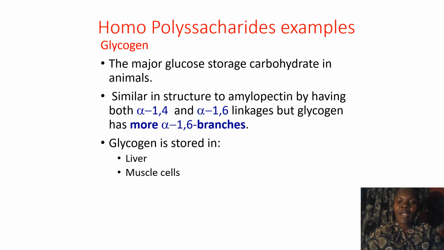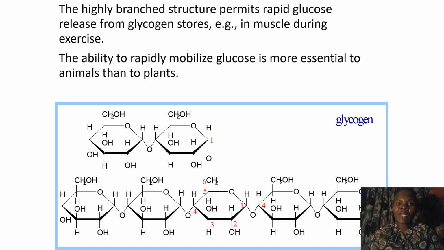Another difference is that glycogen is the storage form of carbohydrates in animals or humans, but amylopectin is the storage form of carbohydrates in plants. Glycogen is always stored in the liver as well as the muscle cells.